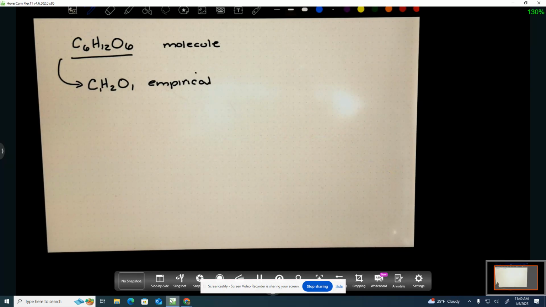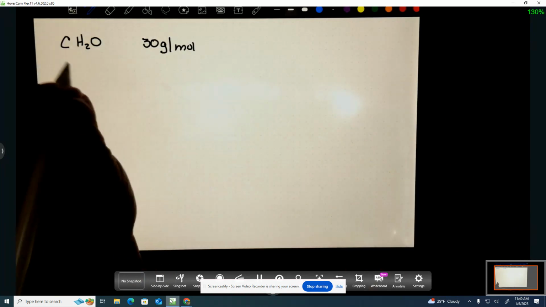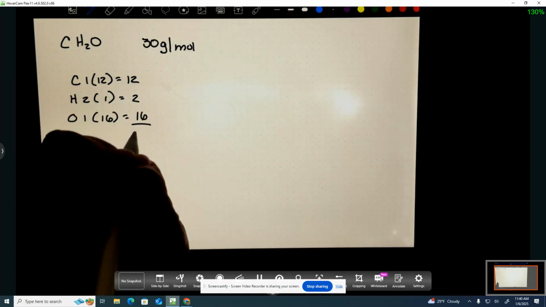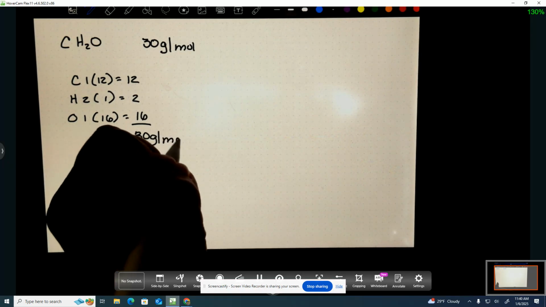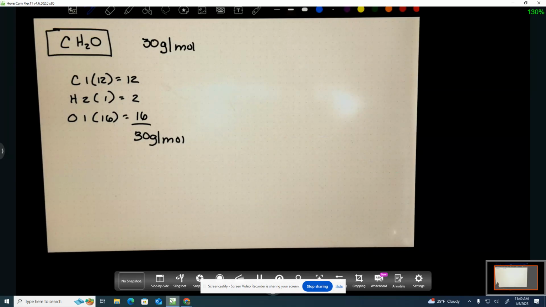Good? Okay. Now let's take that empirical formula. I'm going to do CH2O. And let's say it weighs 30 grams per mole. That's the gram formula mass. Remember gram formula masses? Yes. Okay, carbon, 1 times 12. H, there's 2 times 1. And O, there's 1 times 16. That adds up to 30 grams per mole. So this empirical formula has a gram formula mass of 30.